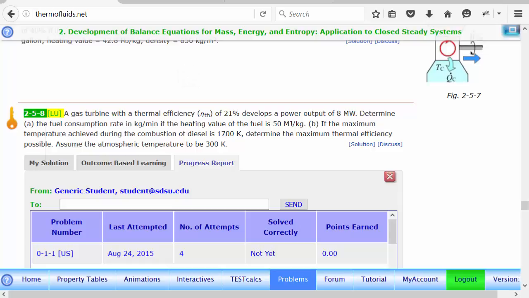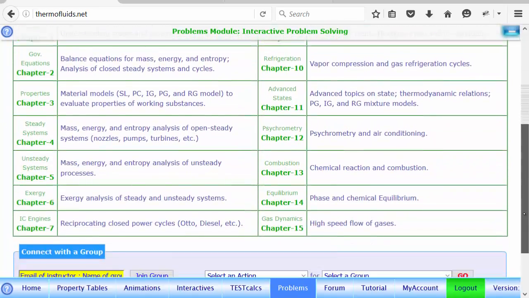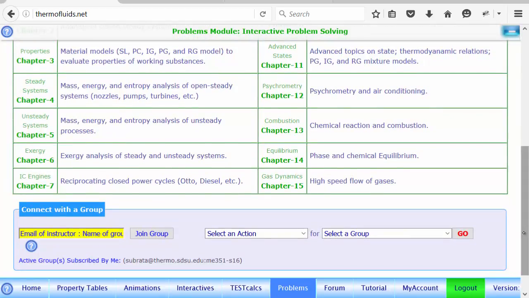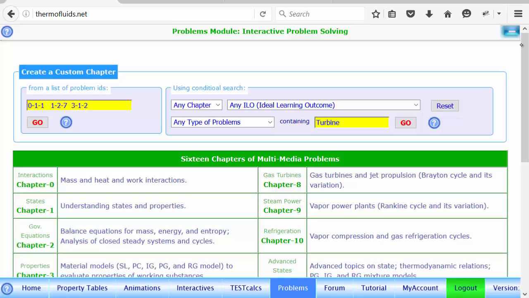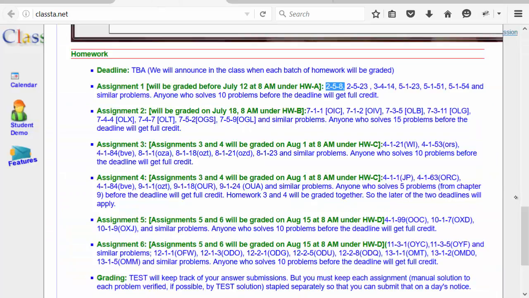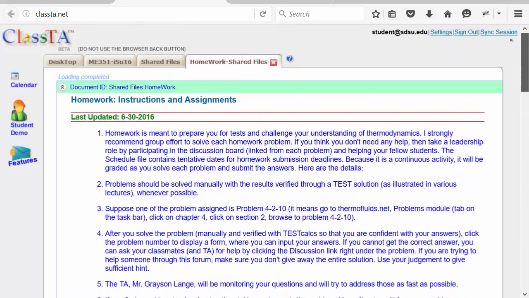So now let's go and see how to join the group, which I promised that we'll do in the beginning, but I forgot. You'll notice that connecting with the group comes at the bottom, and we already have subscribed to one group, so let's subscribe to the current group. So you go to find out the group name. The group name is listed in the instructions in your classTA.net shared files.